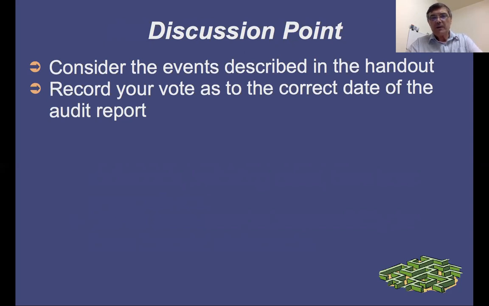Okay, so we have 14 votes so far. I'm sure we're going to get some more. Yeah, 17. No, we don't have a lot of time to think about this, so we're going to have to make decisions. You do have the key pointers to the date of the audit report in your other handout.